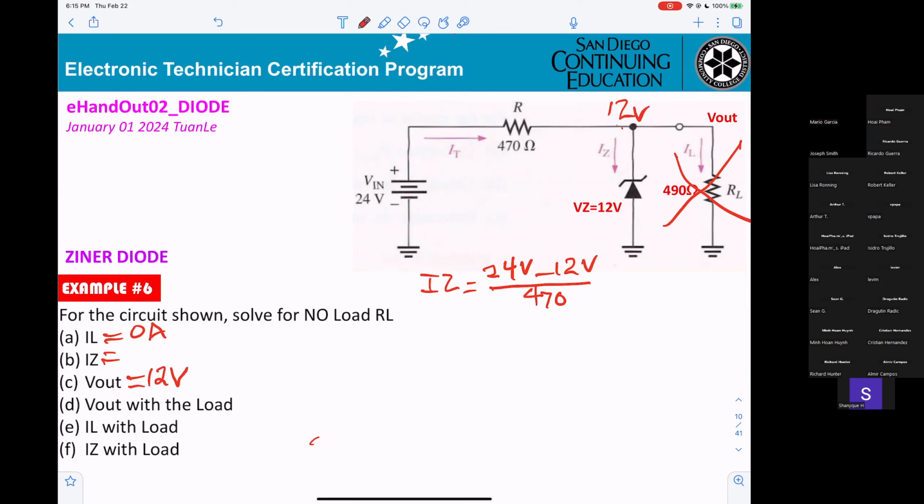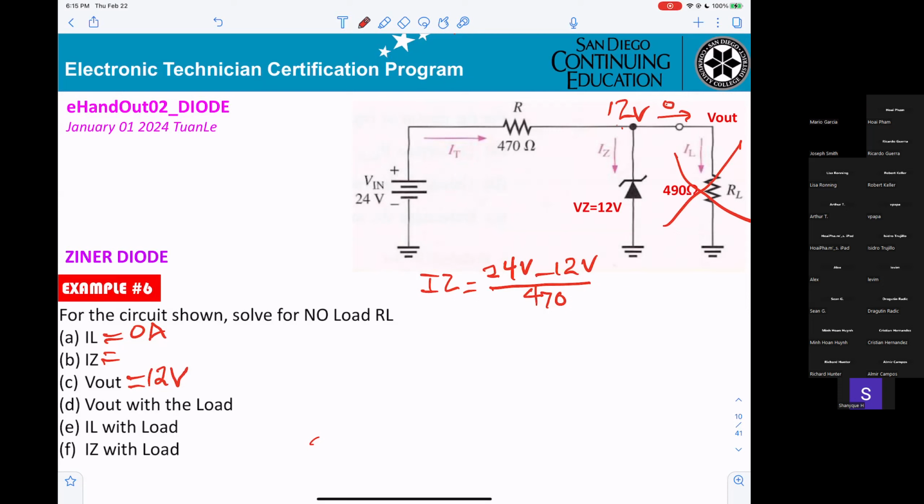Okay? Hey, Mr. Pham, when we figure out IZ with the load off, are IZ and I total the same thing? The I load here goes to 0. Well, you said that there's no load, right?